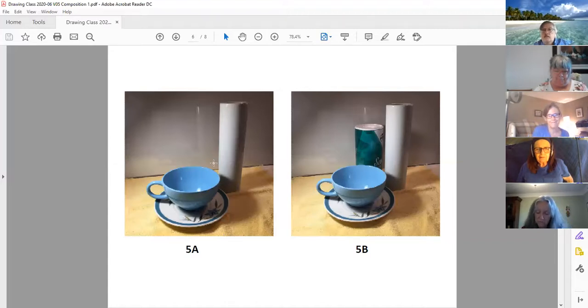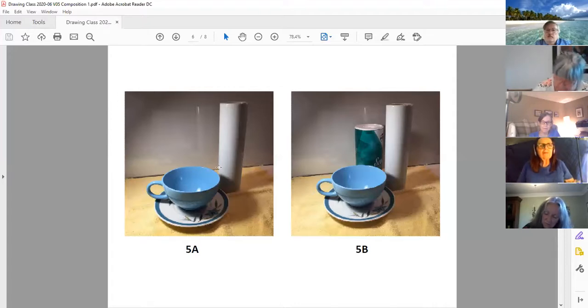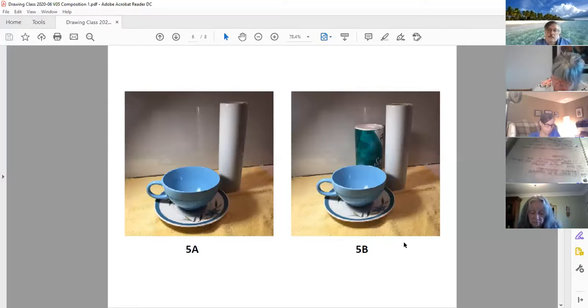That's exactly right, and that's what I was going to say. Here on 5B, the eye travels really well through the different elements. Whereas on 5A, the eye gets lost in this big empty space right here, that's created by the negative space of the frame and the objects. So this is why 5B would be considered the better option.